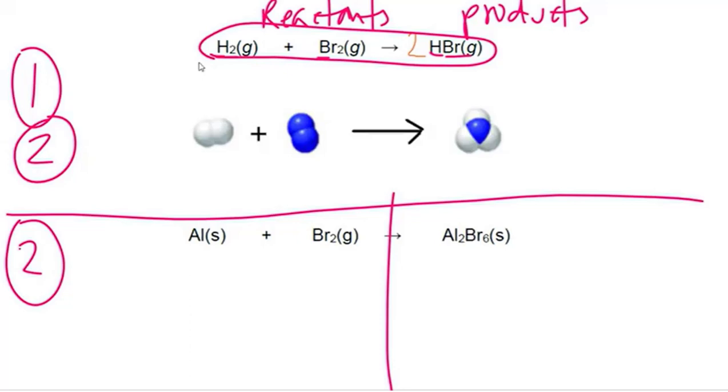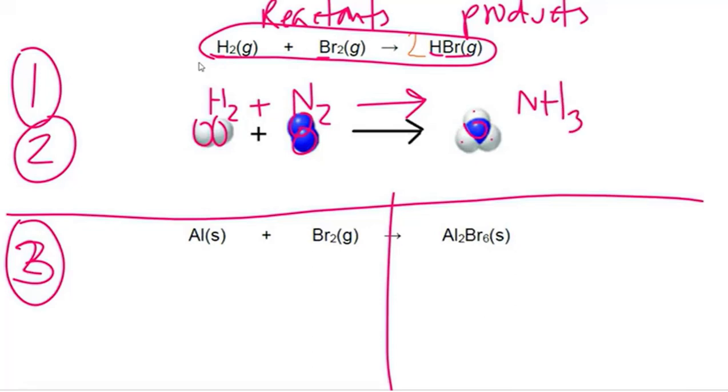So we now have 3 different ones to do. So if you want to pause real quick and try to figure this out, we'll call this H2 plus N2, and then it combines to create NH3.